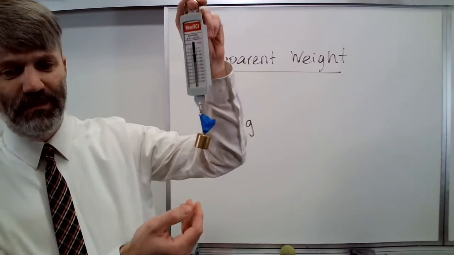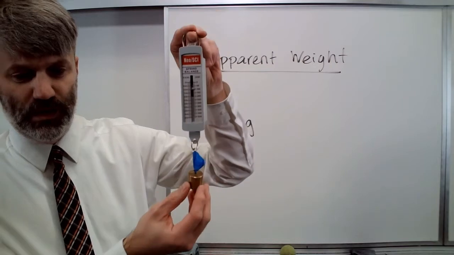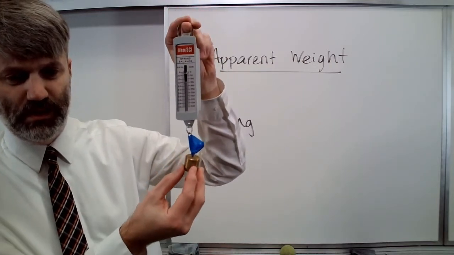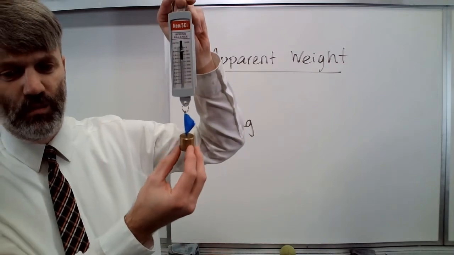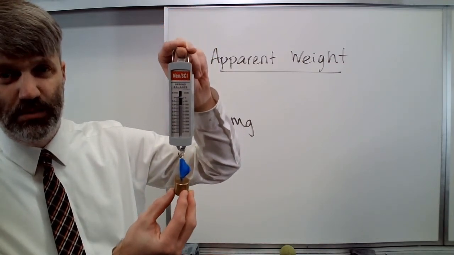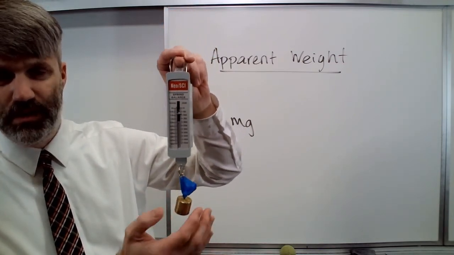All right, if it accelerates downwards, then the object is not accelerating as quickly due to the acceleration of gravity. Then we can see that it should be a little bit less than what it is.